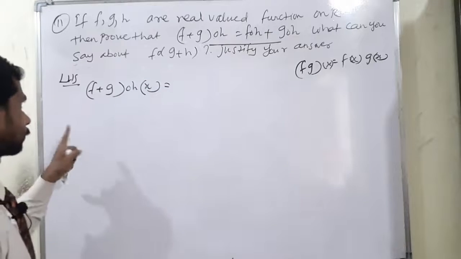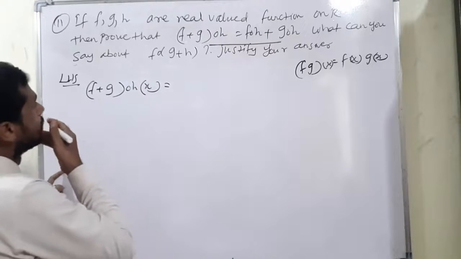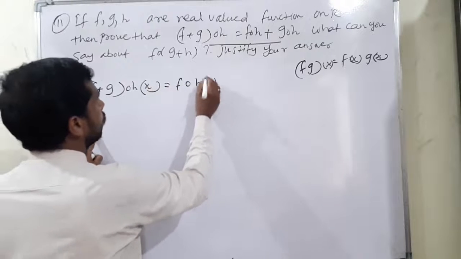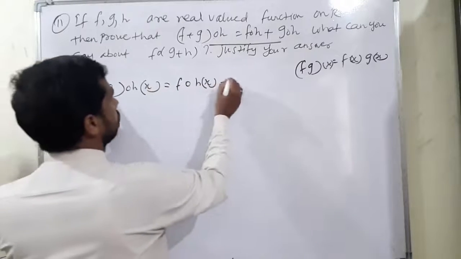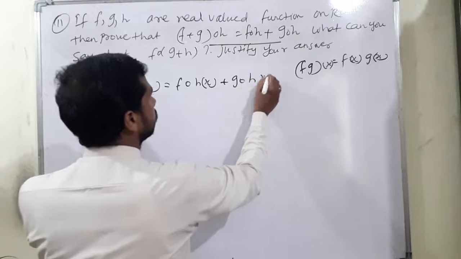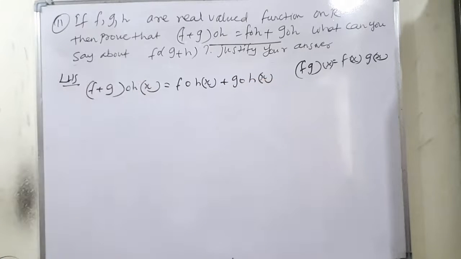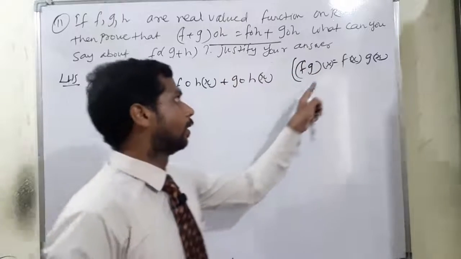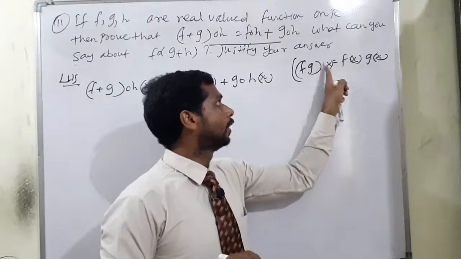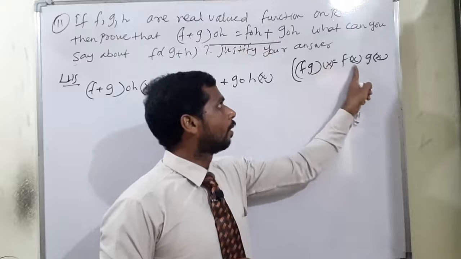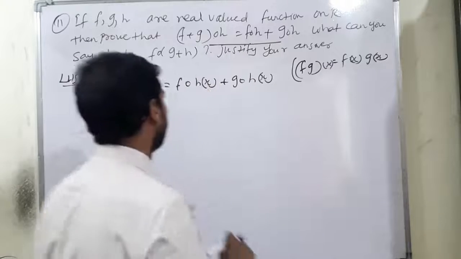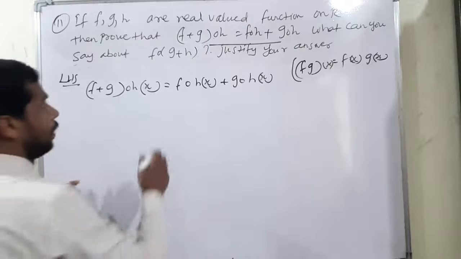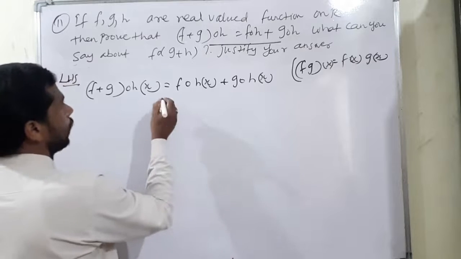It means f dot h of x plus g dot h of x, isn't it? This is already definition 1.11, the product rule. f g of x means each and every time f of x into g of x. Similarly, you can apply f dot h of x plus g dot h of x. So this is how to rearrange it.